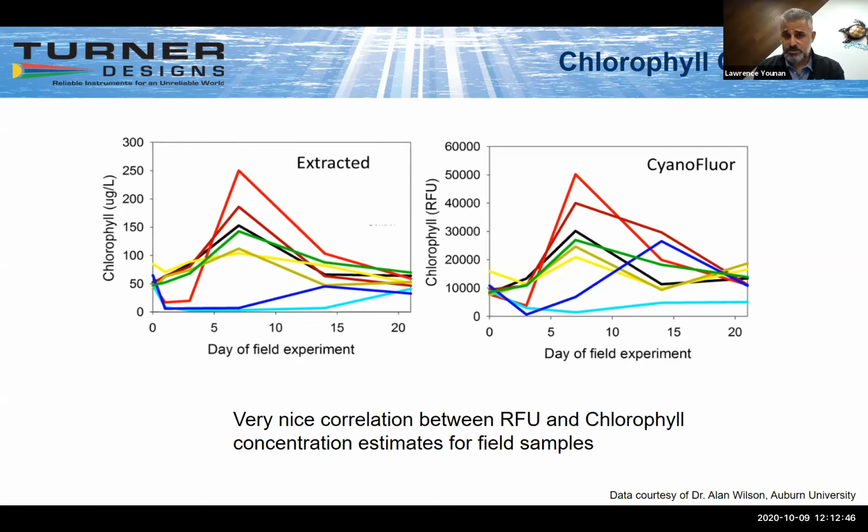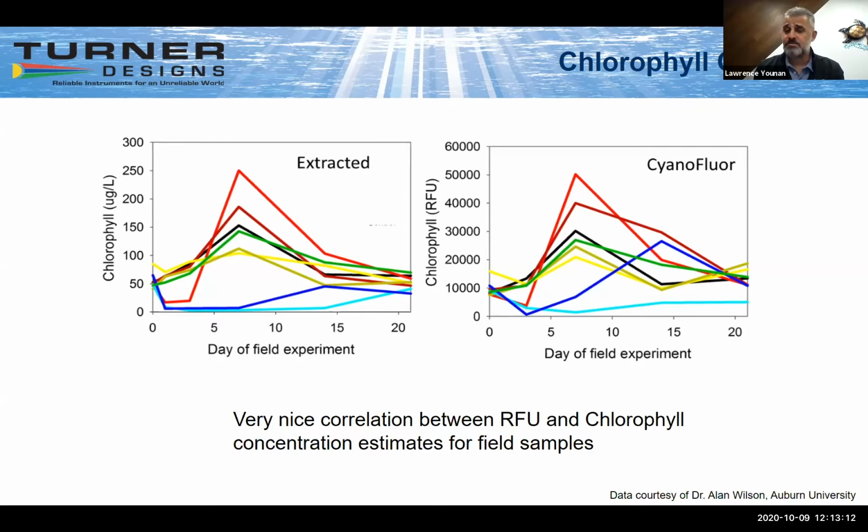Where you can see on the screen here on the left-hand side is an extracted concentration of chlorophyll on the y-axis there, which he has gone through the pains of extracting and figuring out. And then it's correlated along with the Cyanofluor calculation for that chlorophyll parameter, using RFU-based, of course. And this on the right-hand side is the in vivo-based method.